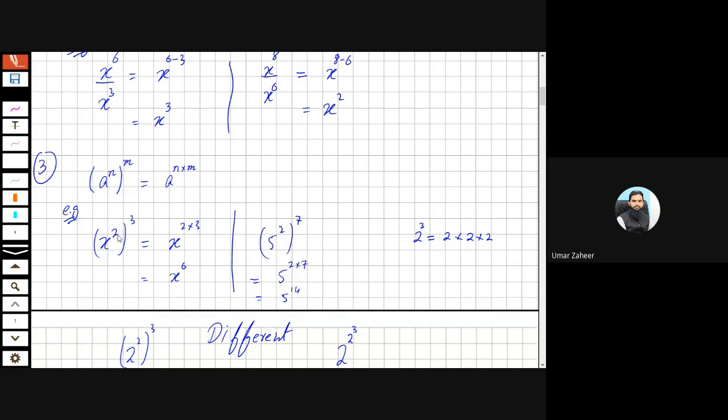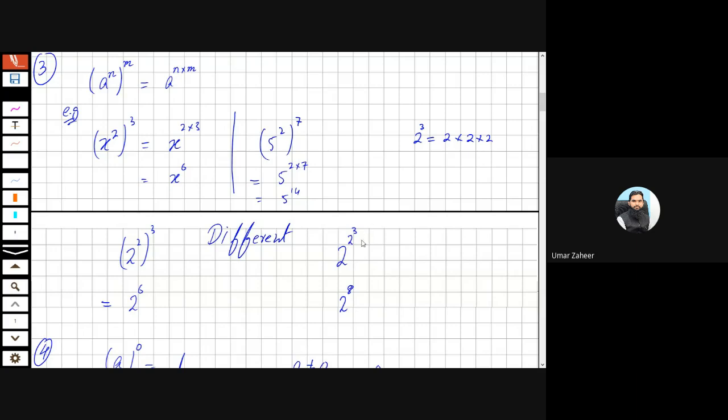We take an example, as it is a little bit confusing for the students. Look at this example: we have x squared and there is a whole power 3, so there is a power on the power, so we have to multiply. But it is a totally different thing from this: if you have 2 raised to power 2 and there is a power of 3, that's totally different, because it's 2 raised to power 2 and 2 raised to power 3.